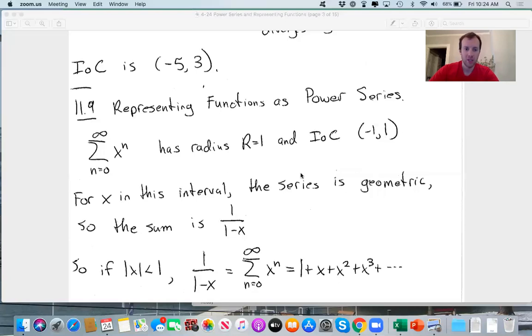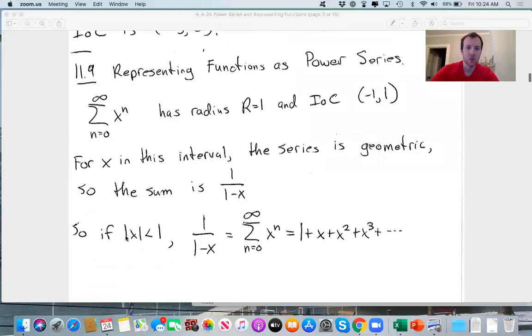Another way to put this in an equation is, if you look at x's whose absolute value is less than 1, this series equals this function.